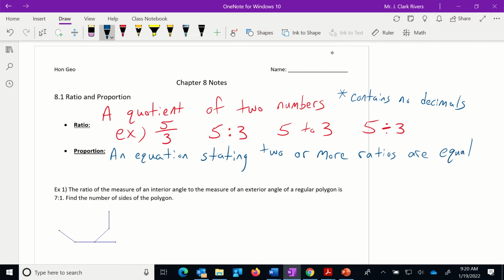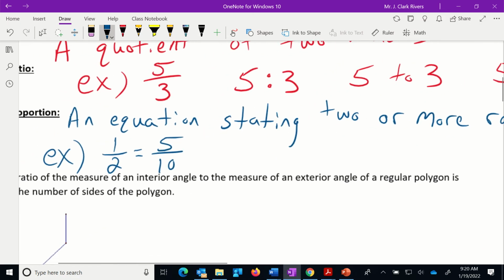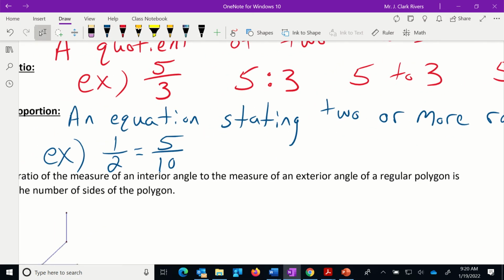So we got some examples of this. We got 1 to 2, which is the same thing as like 5 to 10, right? That's a proportion, two ratios that are equal to each other.